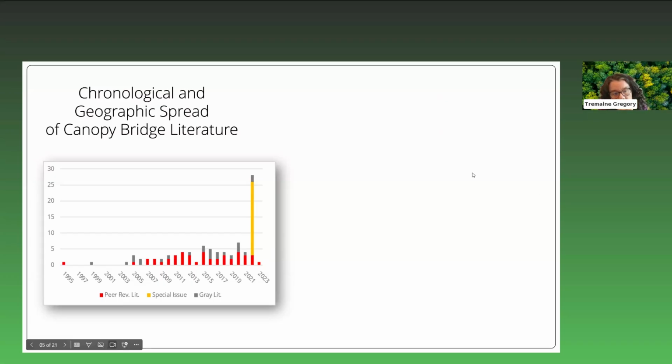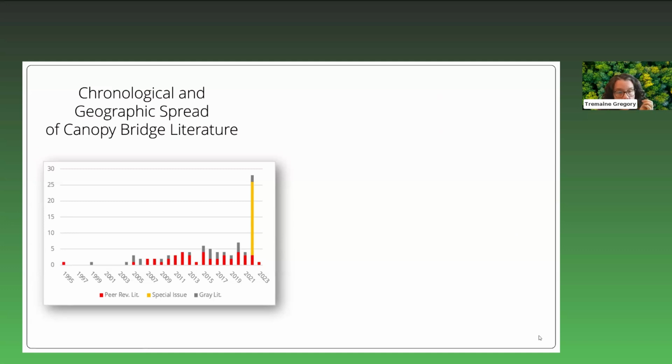There are a lot of canopy bridges, especially in the neotropics, but a lot of times they're grassroots projects and people don't necessarily publish on their results, making it difficult to learn from them, and really emphasizing that point that Steve made about the importance of monitoring and how, if you don't produce data from your work, others cannot learn from it. You may find that a certain design doesn't work at all for a specific species.